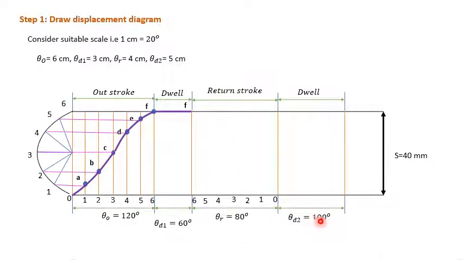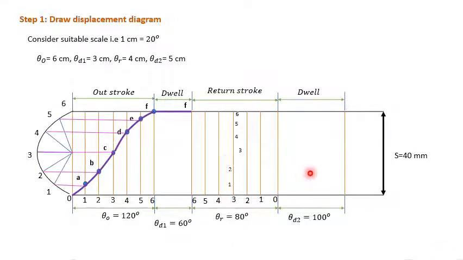Coming to the return stroke, we also have to divide it into the same equal number of parts, that is 6. Next, from each number draw a vertical line. Then we have to identify which type of follower. Since it is UARM, uniform acceleration retardation motion, identify the middle line. In this return stroke, 3 is the middle line.